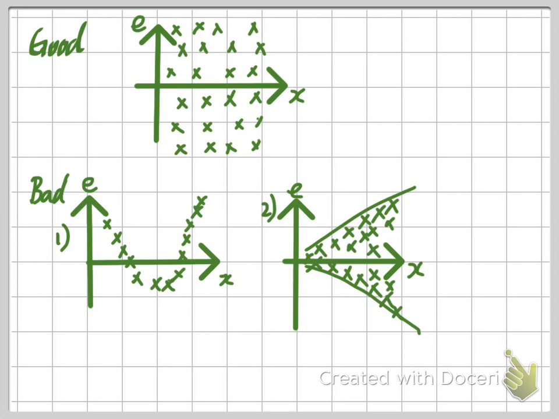When x becomes larger, the error becomes larger, so our linear regression is not good here. We cannot use linear regression to estimate or predict y when the value of x becomes large. In fact, this second example is very, very common in statistics.